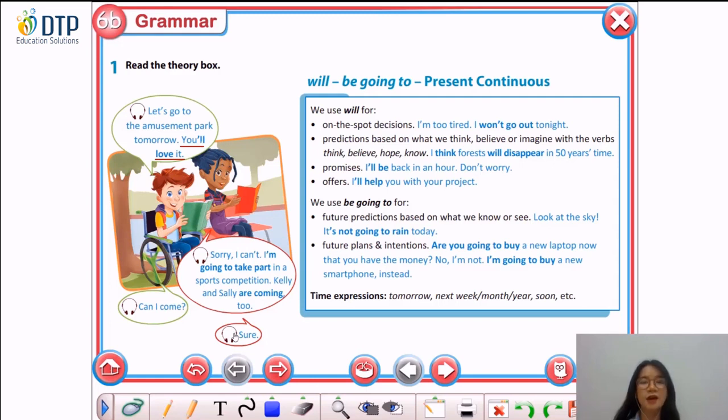Chính xác, cấu trúc will được sử dụng trong trường hợp này để đưa ra một dự đoán dựa trên những gì mà người nói tin tưởng. Tiếp theo, I'm going to take part in a sports competition. Động từ in đậm ở đây đang được sử dụng với cấu trúc nào? Chính xác, và công dụng của nó ở đây là gì?